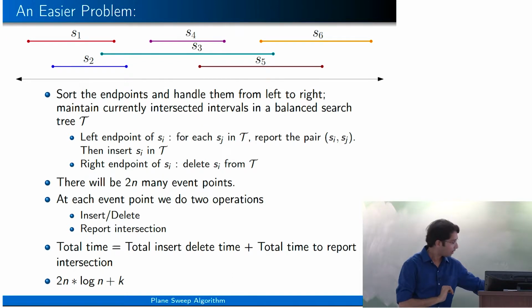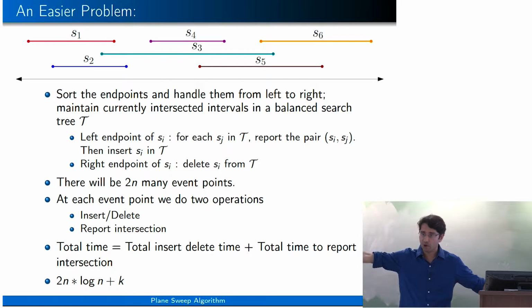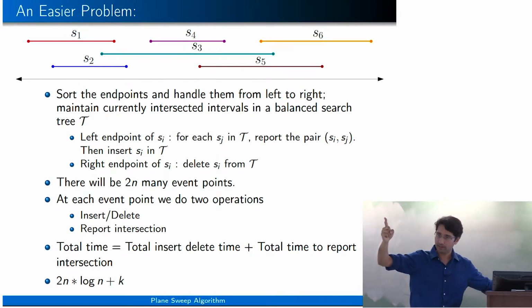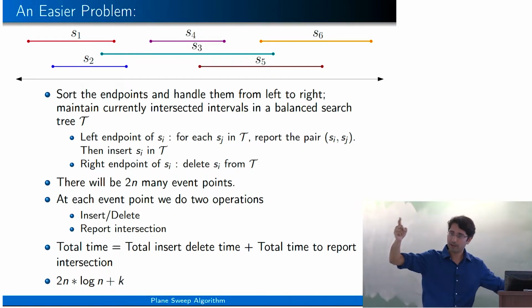But where does the report time go? When I am inserting a line segment, I have to report all the active line segments, but that I can charge on the output size k, because when I am reporting, there must be an intersection.